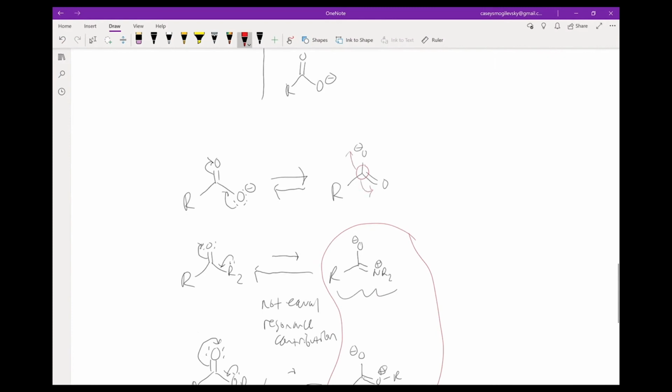But that means overall, less of it is getting pulled away from the carbon, because there's like this tug of war, and these oxygens are fighting with each other for this electron density. And you actually have less electrophilic character here.